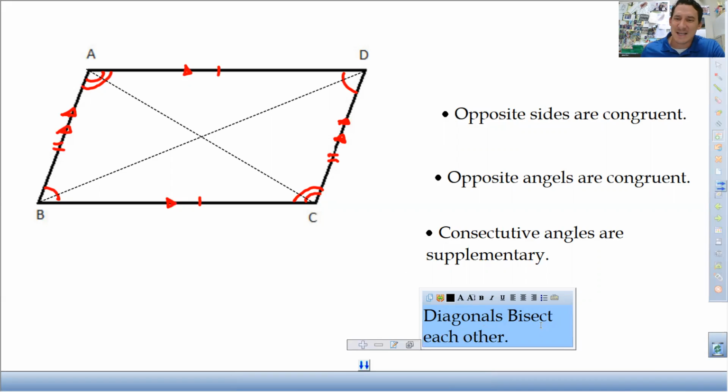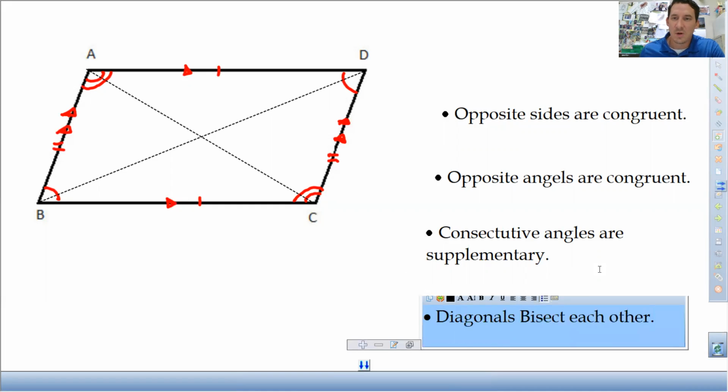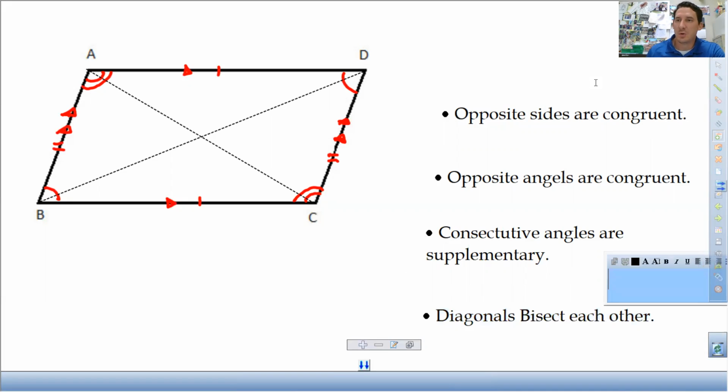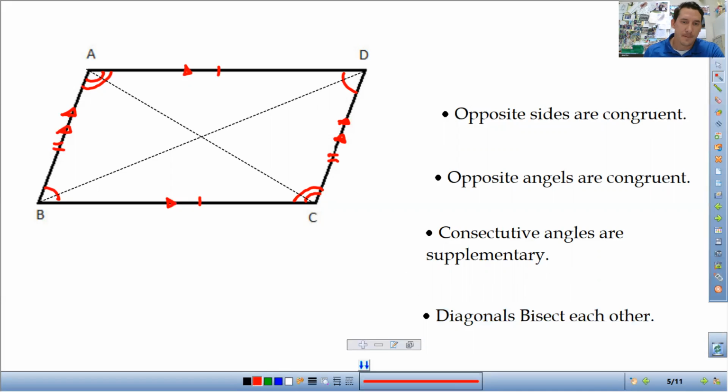Remember, bisect means it cuts it into two equal parts, so two congruent parts. I'm going to mark them off in blue. So this diagonal, B to the midpoint M is the same as M to D. And on the other side too, AM is equal to MC. So they cut each other in half.